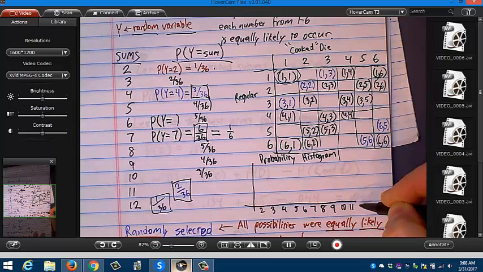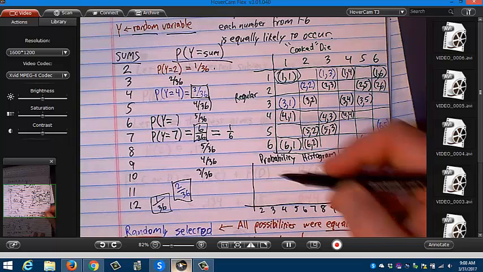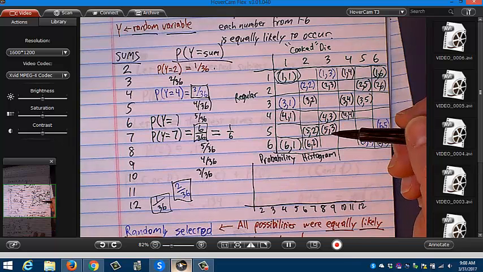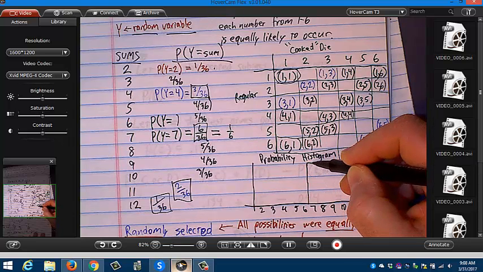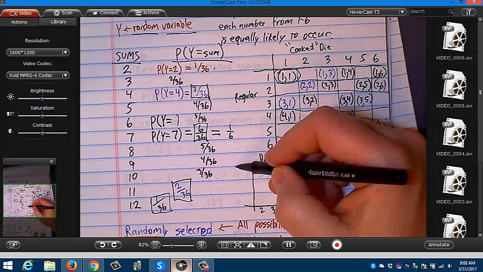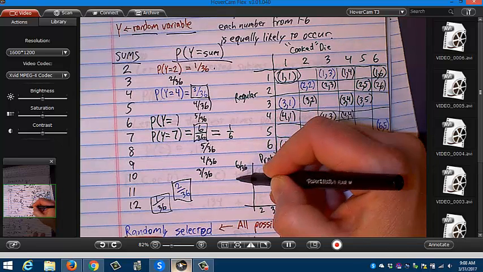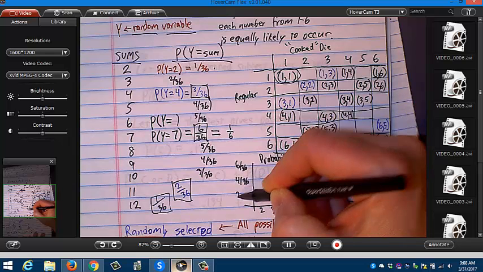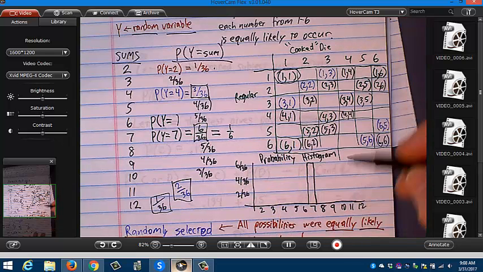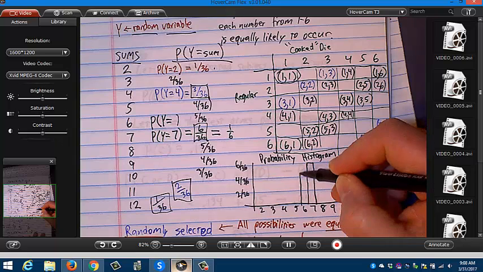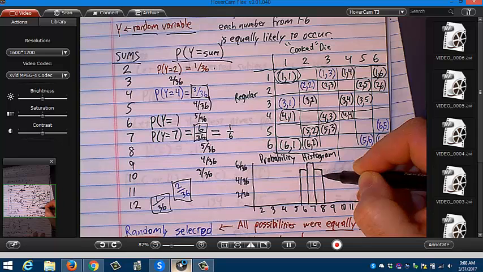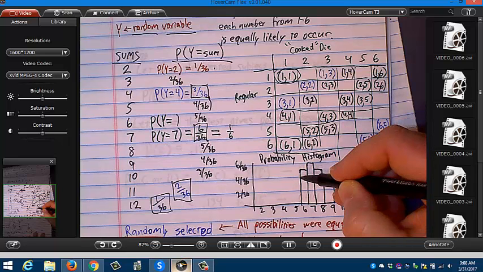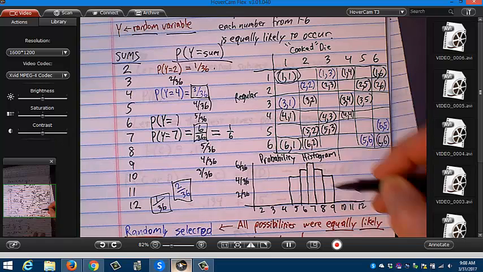My classes are just the different values the random variable could take on. And instead of having frequencies on the side, you're going to have probabilities. The most likely thing to happen is you roll a 7. That would be 6 out of 36. This is 4 out of 36. This is 2 out of 36. Then I can make a little graph of what this looks like. It's a histogram, but this time the bars are probabilities.